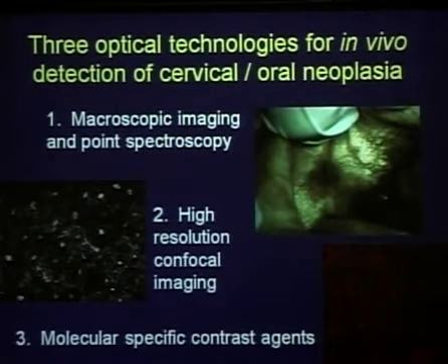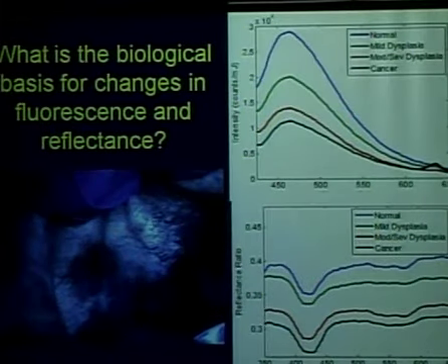And then in the second part of the talk, I'll focus on some new technologies to do very high spatial resolution optical imaging in vivo that would allow you to approximate the kind of resolution that you have in a biopsy without having to take the biopsy. And then talk about some stains that we're developing that you can apply to tissue in vivo that would allow you to highlight particular molecular changes.